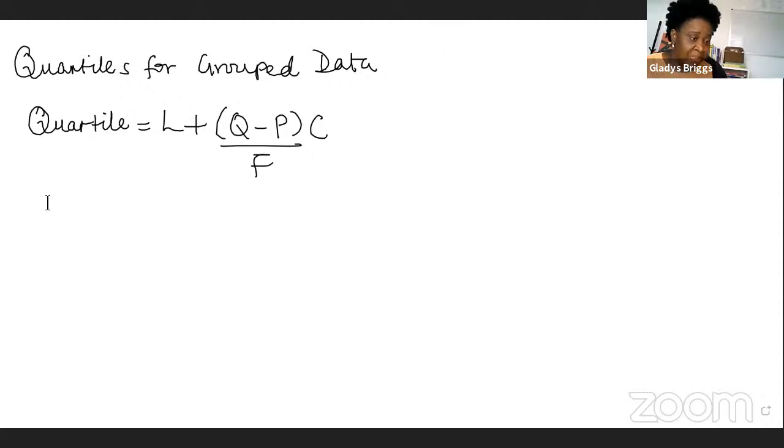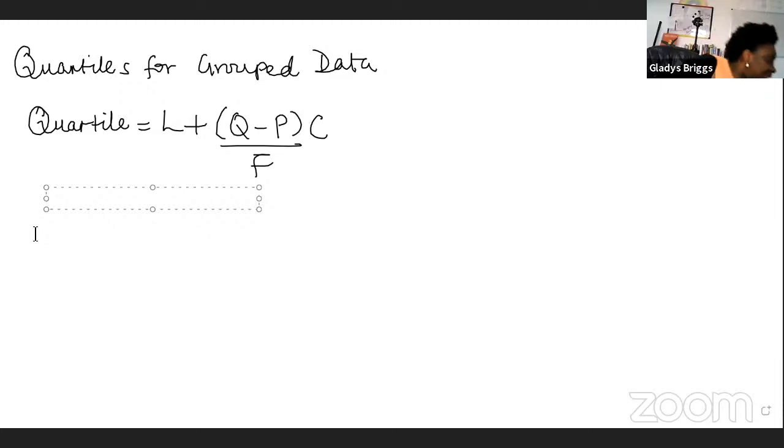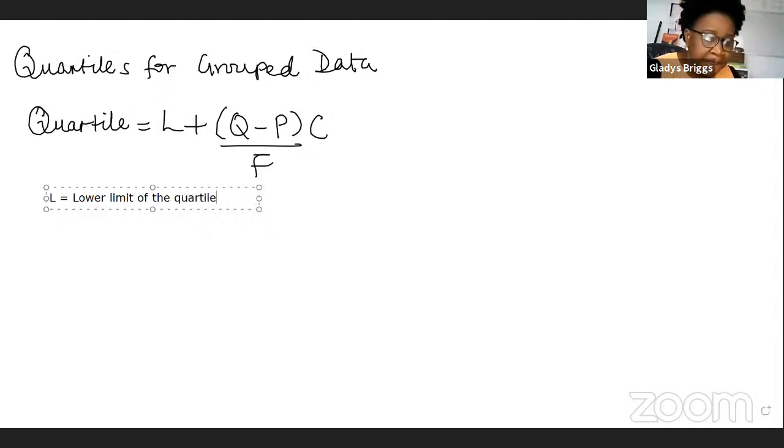I'm just going to type them out so that you don't write them wrong. L stands for the lower limit of the quartile class.